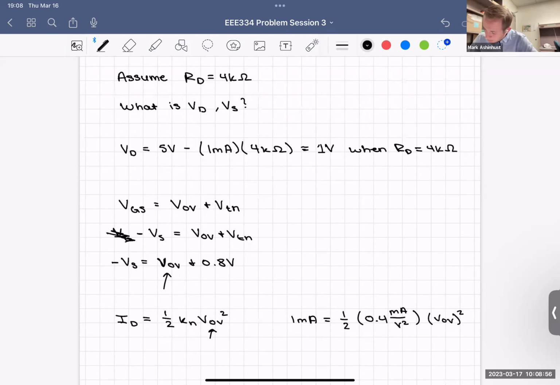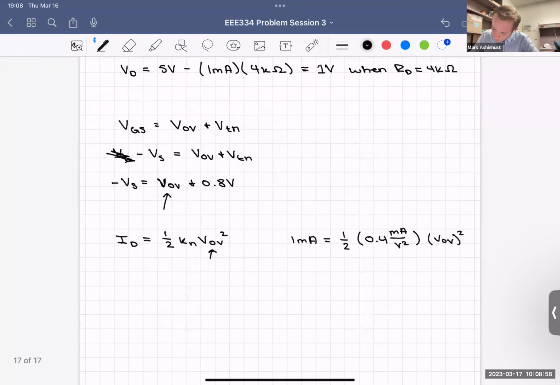So 0.2 milliamps per volt squared, divide that over, and we'll end up getting VOV is equal to the square root of 1 over 0.5, which is equal to 1.414 volts. Square root of 2. So we know VOV now.